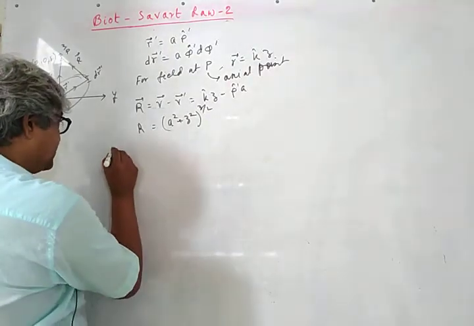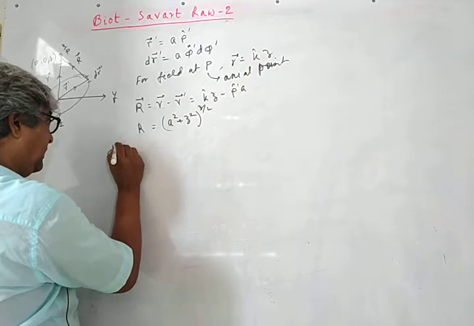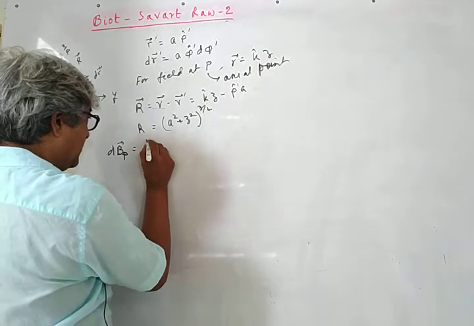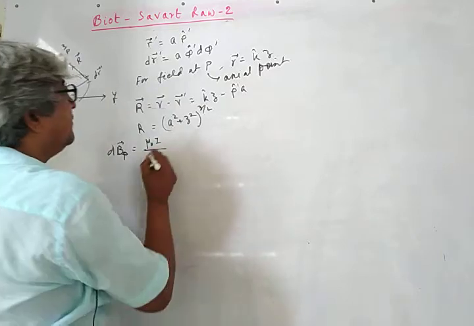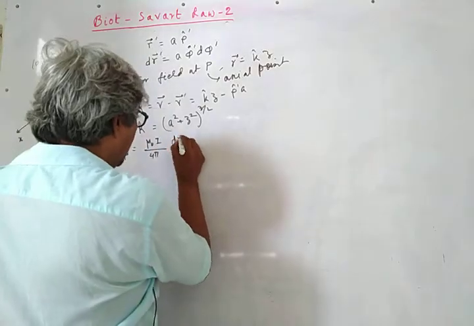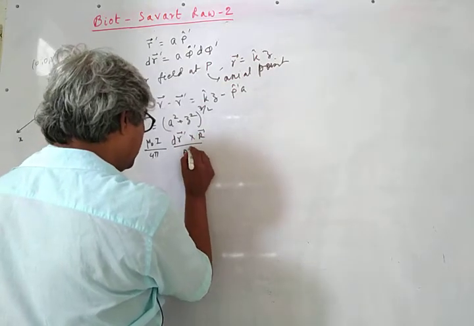The field at P is equal to mu 0 I upon 4 pi, integral of dl prime cross R by R cube.